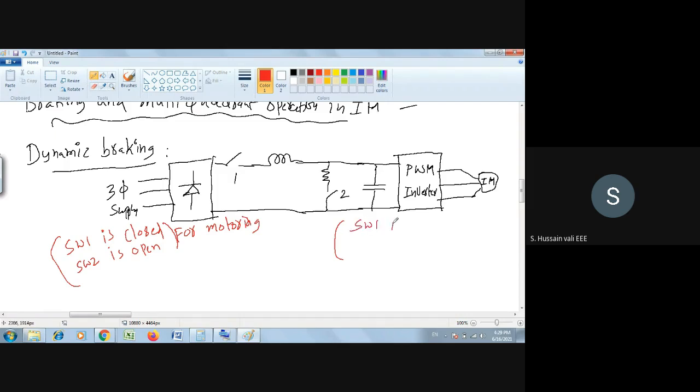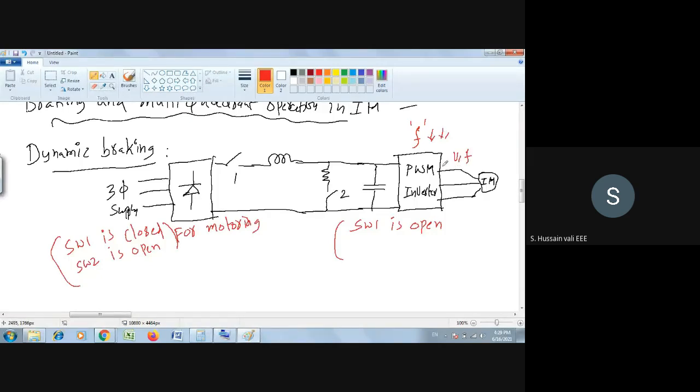For the braking condition, switch one is open, and switch two is also open. So you reduce the frequency of this inverter. This PWM inverter gives AC, and AC has some voltage and frequency.